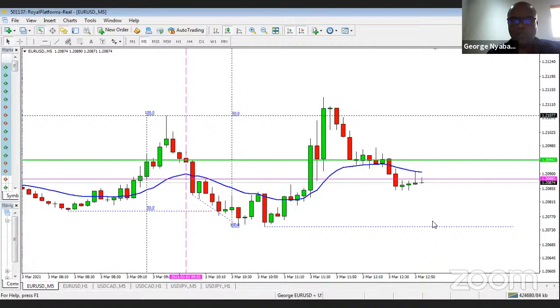Okay, so at this stage, we're going to have to wait and see if the selling carries on. Are we going to create a proper double bottom here? And how are we going to get to that double bottom? You can see there's a low that was created, and another low.